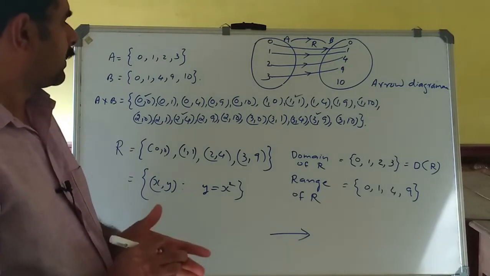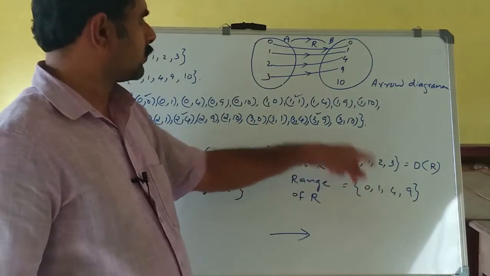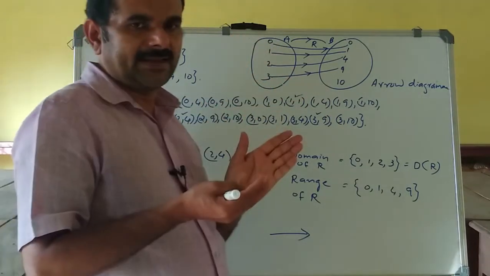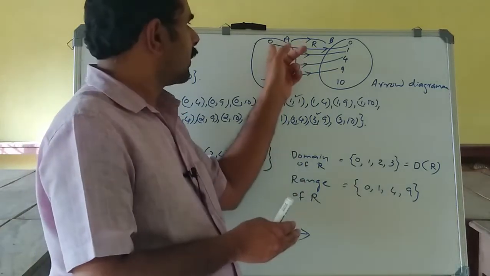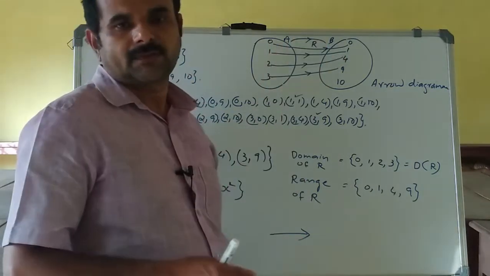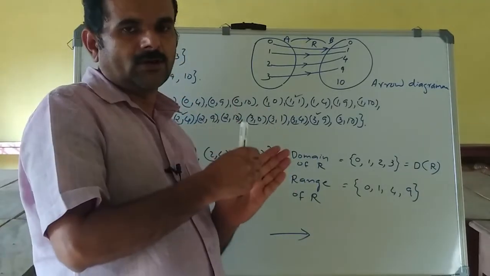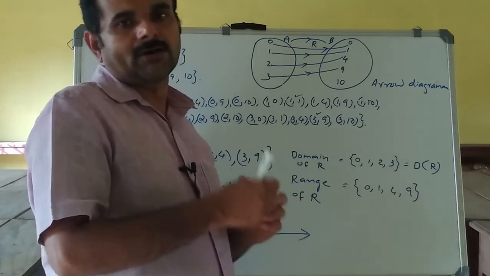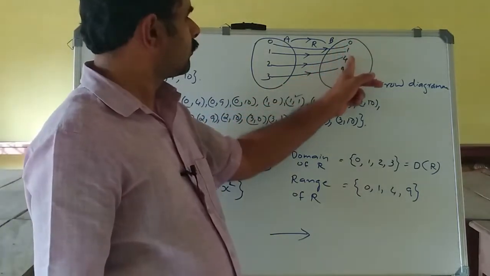Here, what is the domain? Domain means the first numbers: 0, 1, 2, 3. The domain is a set of elements from which the arrow mark begins. And range means what? 0, 1, 4, 9.